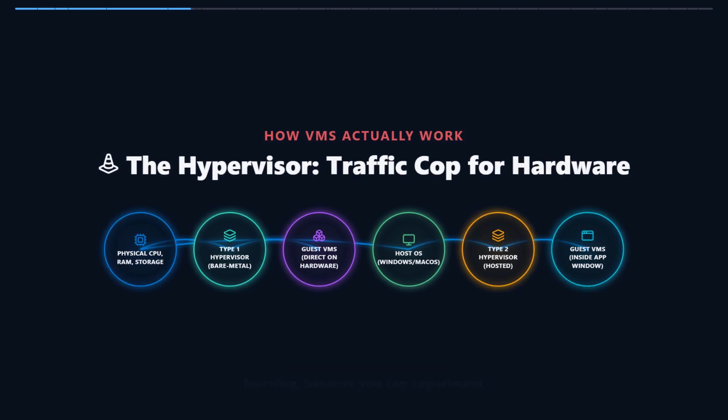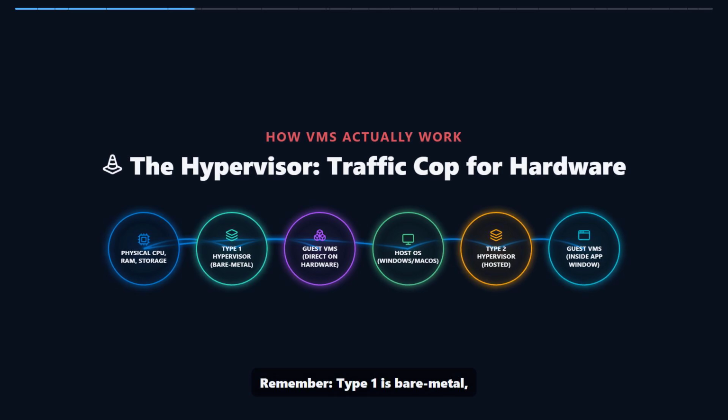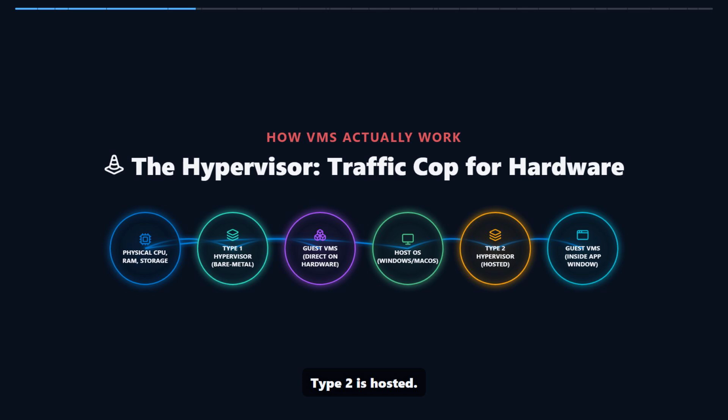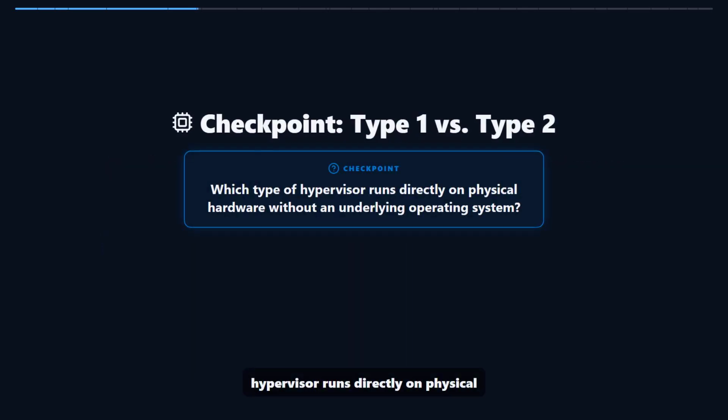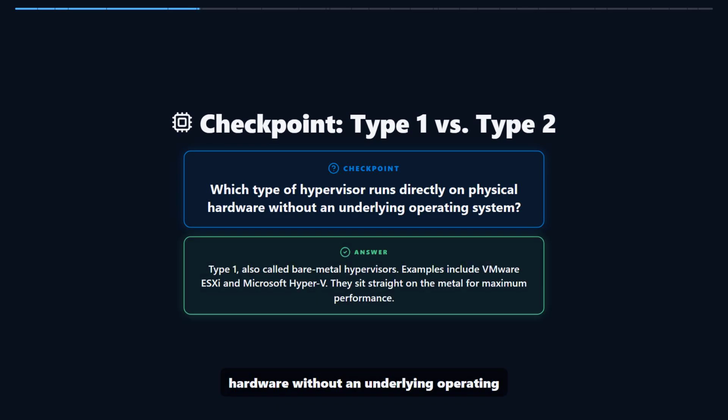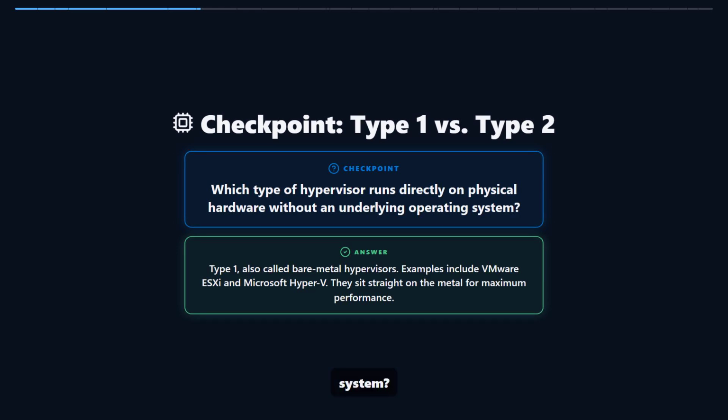Perfect for labbing and learning because you can experiment without wiping your main machine. Remember, Type 1 is bare metal, Type 2 is hosted. Quick recall. Which type of hypervisor runs directly on physical hardware without an underlying operating system?